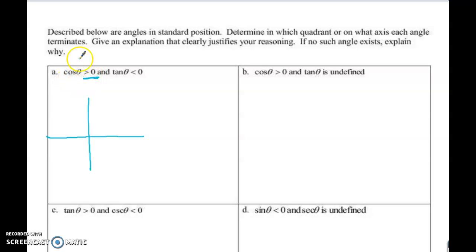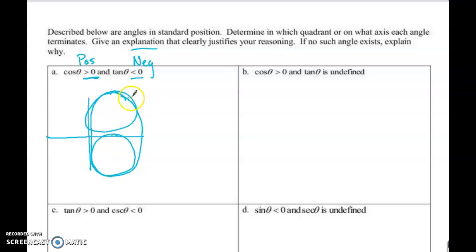We want where cosine is positive, and as far as your explanation goes, instead of writing out that cosine is positive and tangent is negative, because I think that's just repeating this, I'd rather see that you either circle the quadrants where cosine is positive, individually or as a group, or put X's in the quadrants where cosine is negative, because we don't want those.